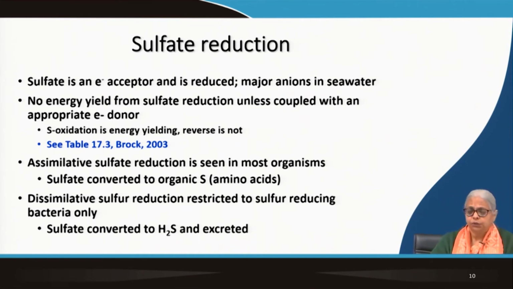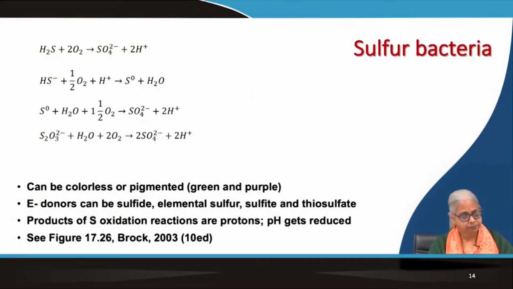So for the organism to derive energy using sulfate as the electron acceptor, it has to be coupled with the appropriate electron donor. So sulfur oxidation is energy yielding, but the reverse reaction is not an energy yielding reaction. You can refer to another table.